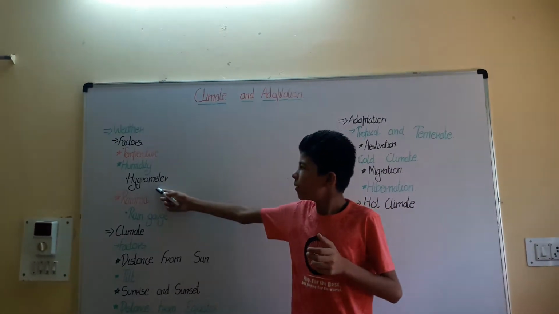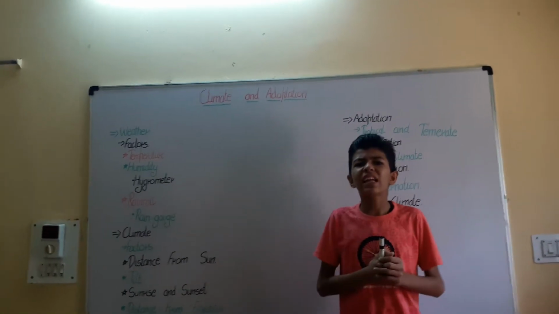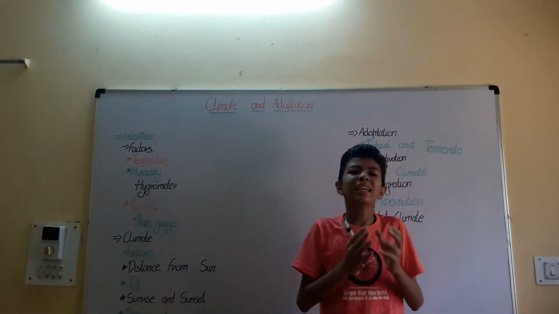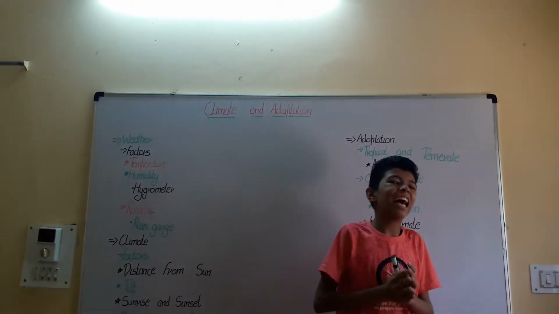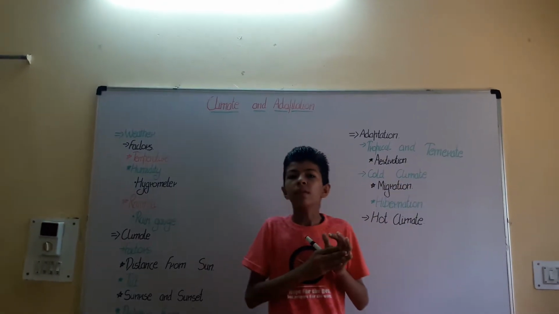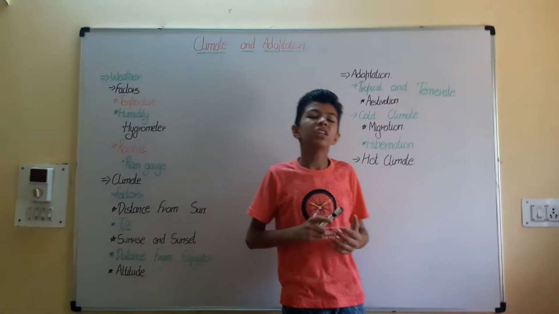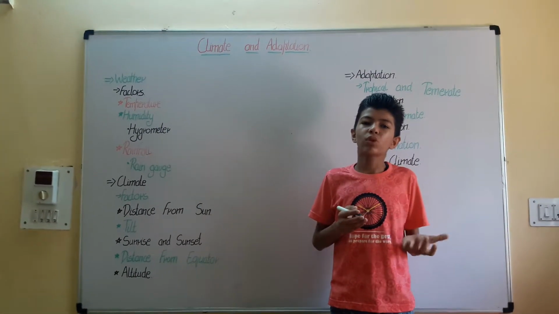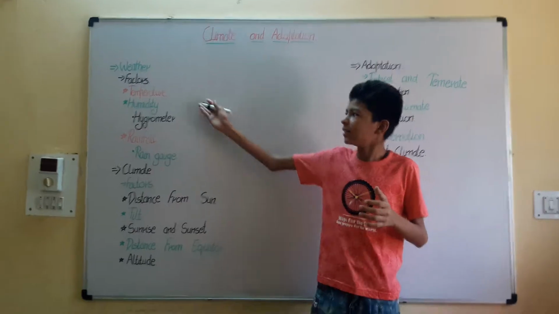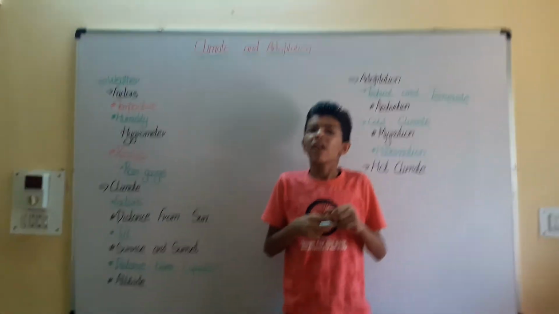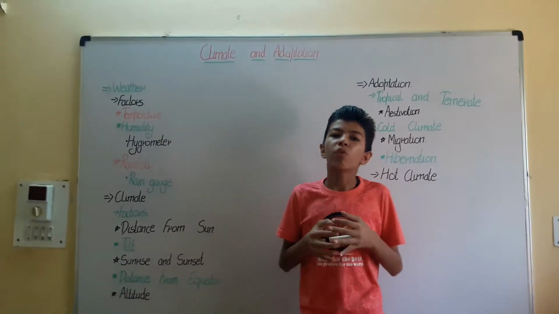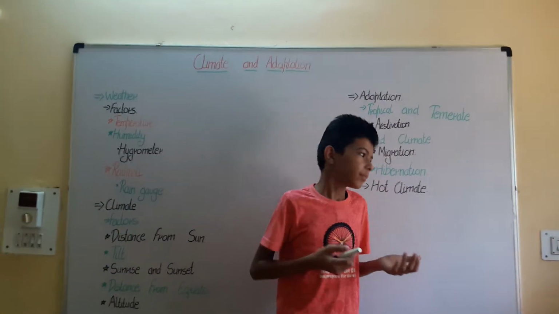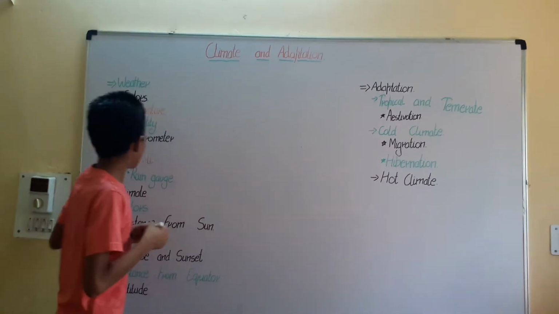If the atmosphere holds the most humidity it could hold, it is called saturated air. Just like we learned about the saturated solution, which could not dissolve any more substance. In saturated air it could not contain any more water vapor, so it is called saturated air.